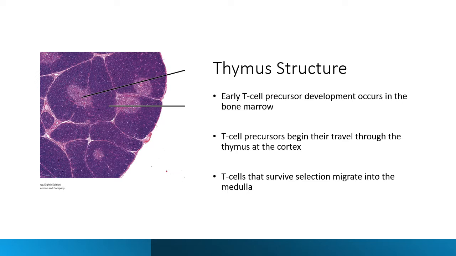Rough estimate. 1/5 maybe. The T cell precursors start off at the borders here when they come in through the bloodstream. They migrate out to the periphery of the cortex, and eventually they will loop their way back into the medulla. They'll spend some time circulating around in here, and then they will exit the thymus altogether.